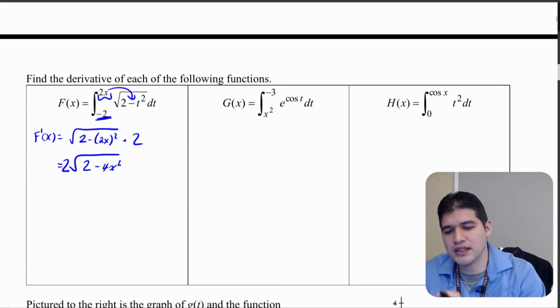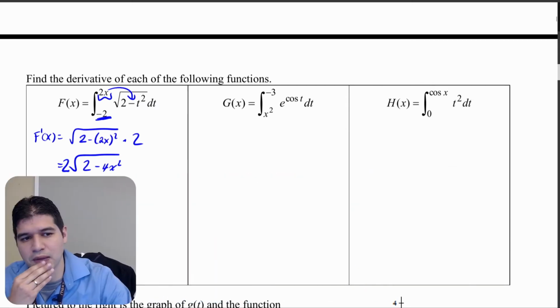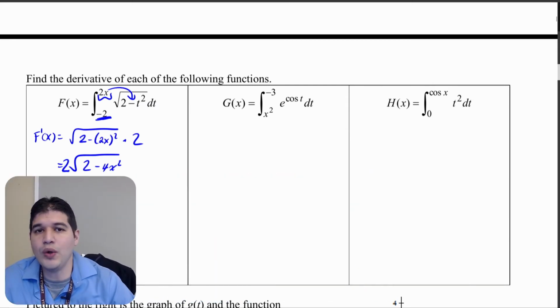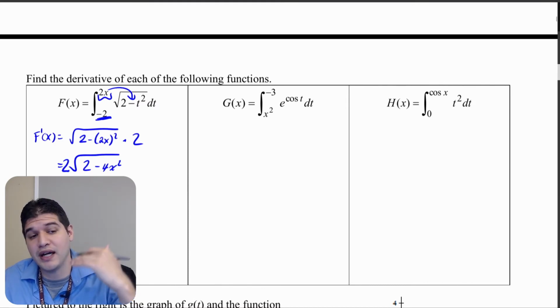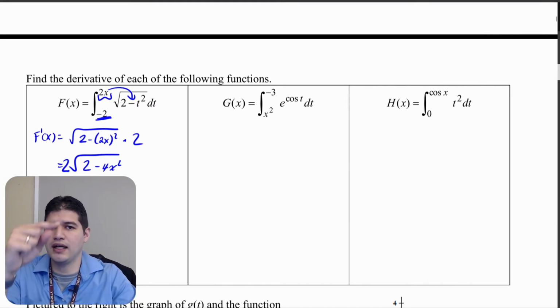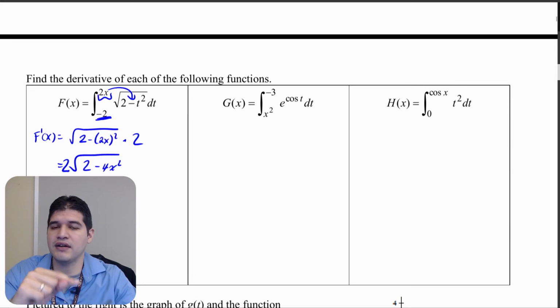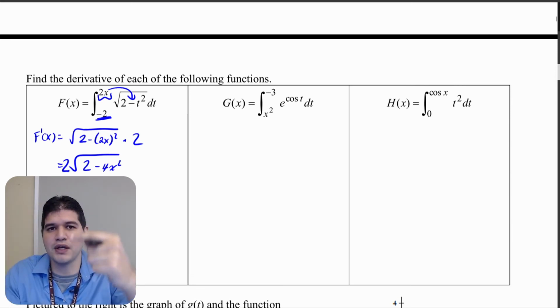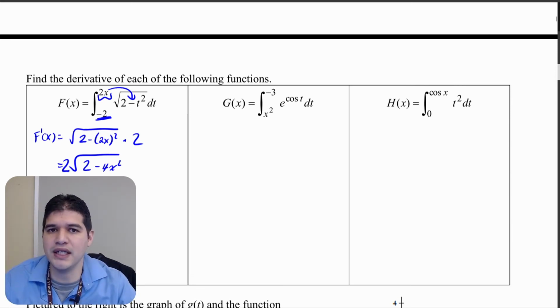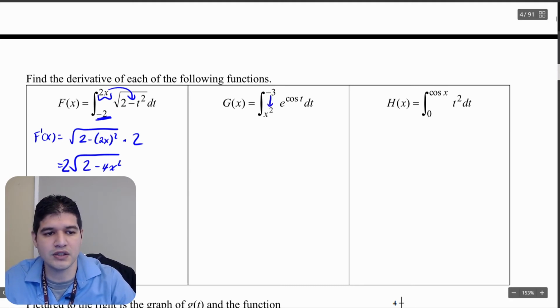I also want to tackle this second problem together real quick. What I notice is that my constant is the upper bound and my function is the lower bound. The second fundamental theorem of calculus states that those should be flopped. Because we learned about properties of integrals before, we know we can swap these.